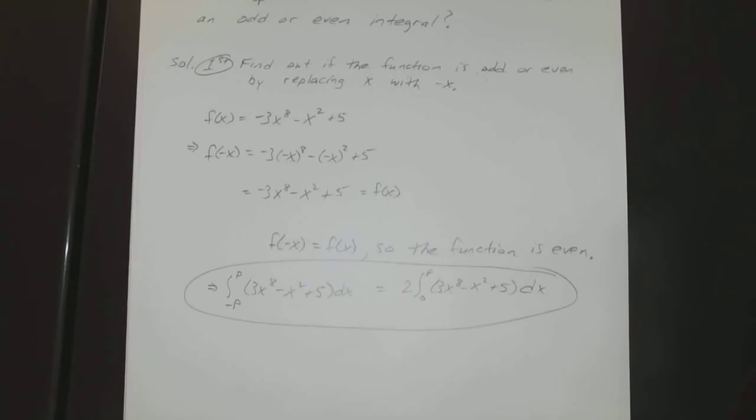Okay, so if it's even, we take it from 0 to whatever p or a or k or m or whatever they're going to use, and just multiply it by 2. Okay, but it all revolves on whether or not that function is odd or even.